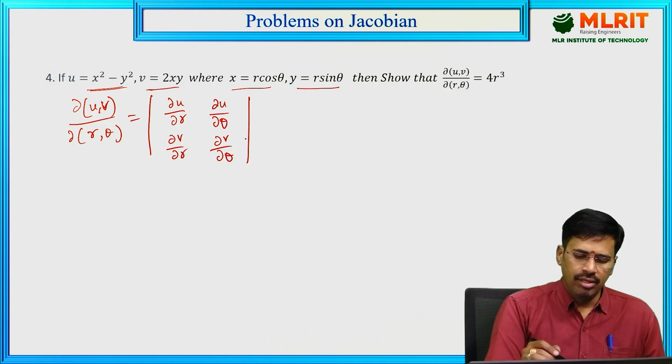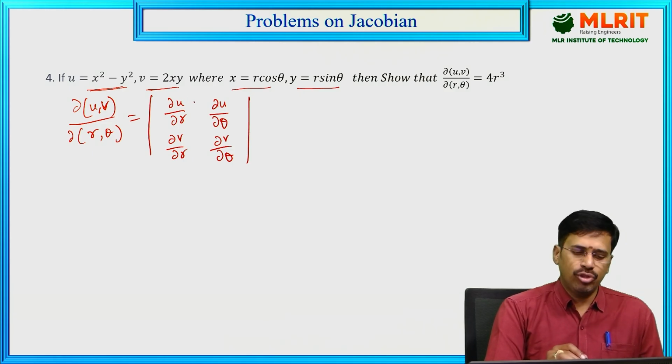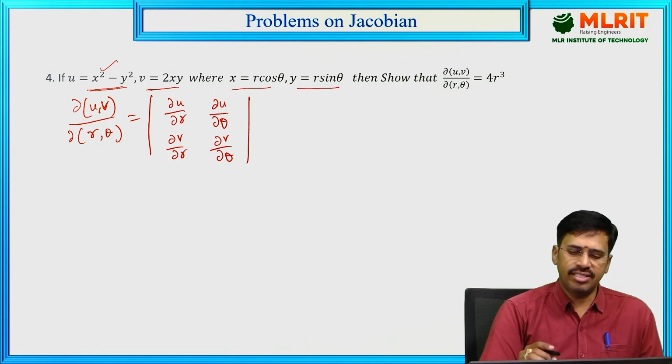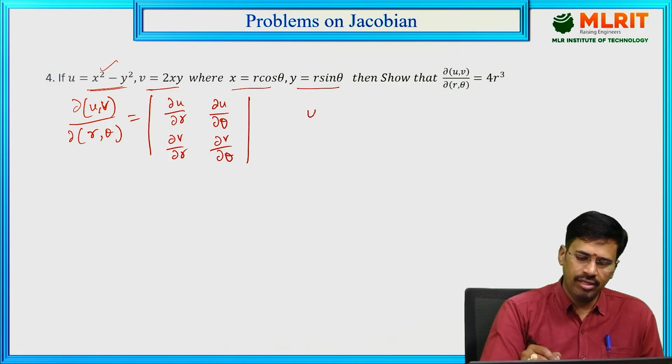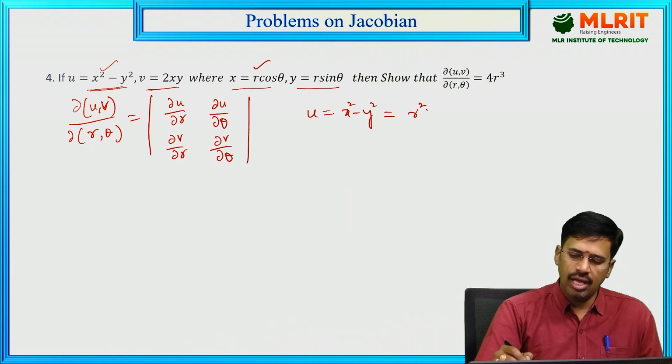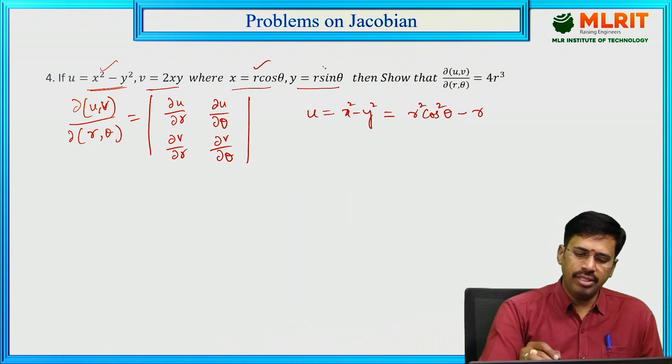Right? First of all, I have to get u value in terms of r, but in the given question, u value is given in terms of x and y. First, let us write down that u is equal to x square minus y square. But what is x? r cos theta. X square means r square cos square theta minus y means r sin theta.